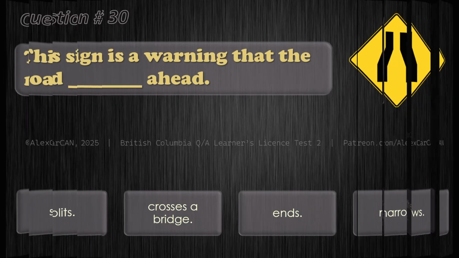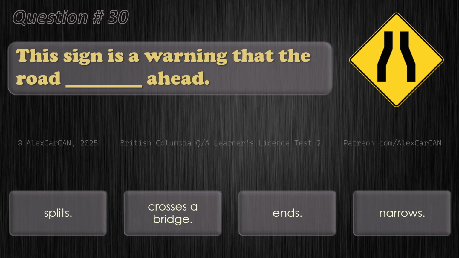Question number 30. This sign is a warning that the road ahead splits, crosses a bridge, ends, narrows. The correct answer is narrows.